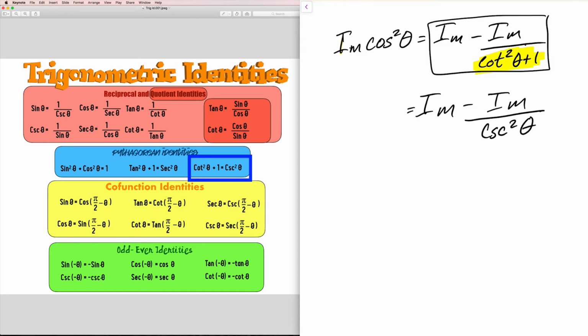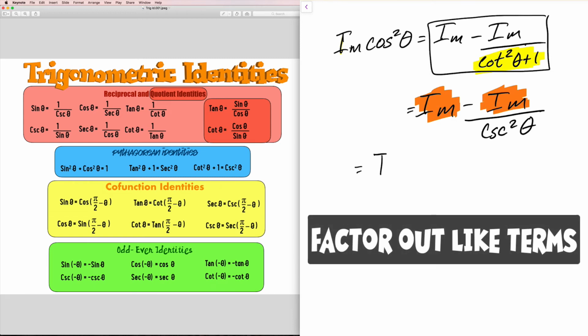All right, so I've simplified that just a bit. Now the next thing I notice is that I have two of the same terms, I sub m. So then I can factor that out. I can factor out as I sub m times 1 minus 1 over cosecant squared theta, close parentheses.